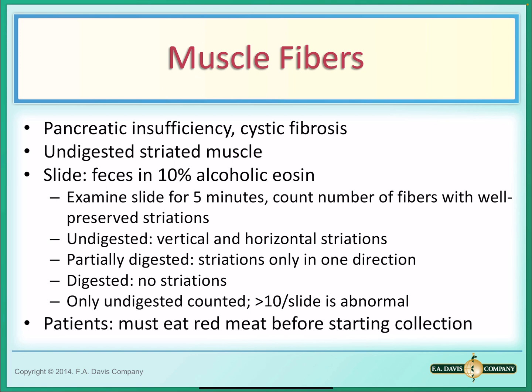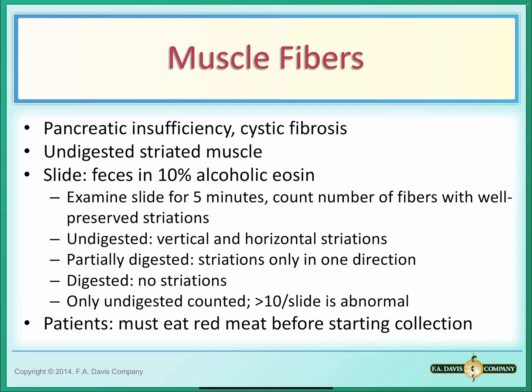Microscopically, we also look for the muscle fibers. The microscopic examination of the feces for undigested striated muscle fibers can be helpful in diagnosing and monitoring patients with pancreatic insufficiency. Some people have pancreatic insufficiencies when they have cystic fibrosis, for example.